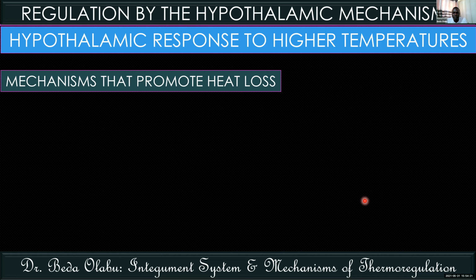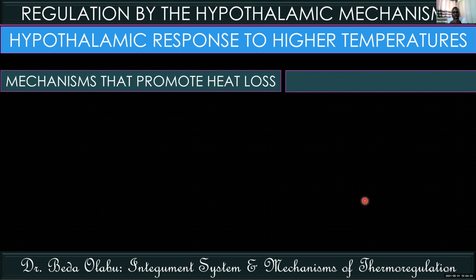So that's one umbrella. But there's another umbrella to it. And this one is, don't add unnecessarily. We cannot stop heat gain because we are alive. Metabolism must go on because we are alive. But is it possible that you minimize the amount of heat you're gaining? Yes, it is possible.